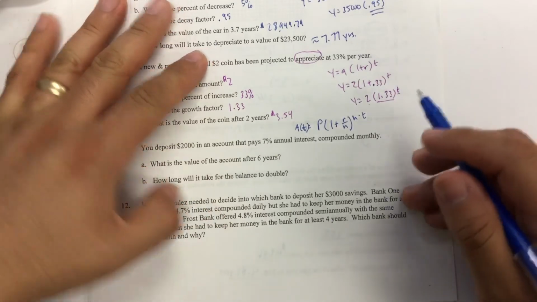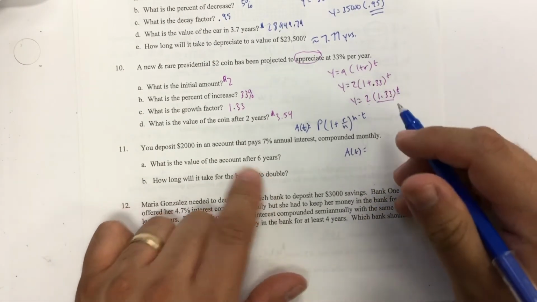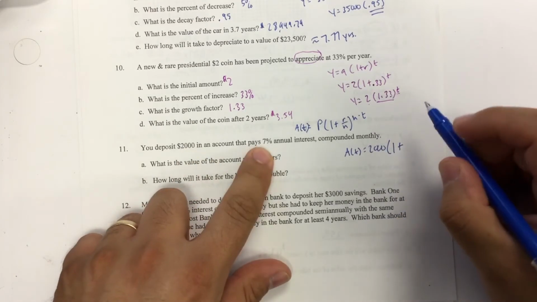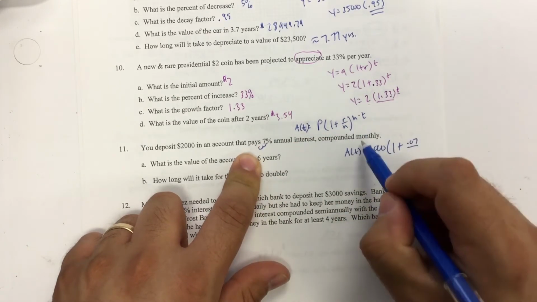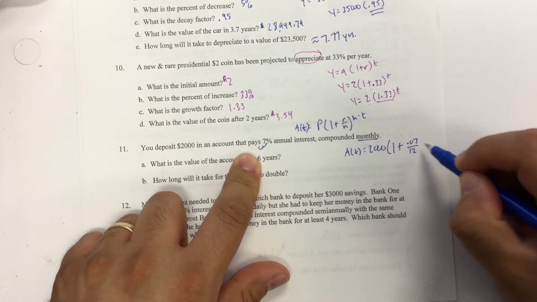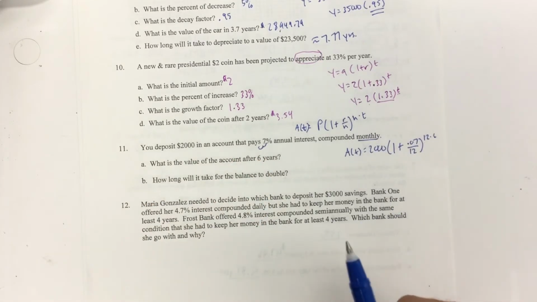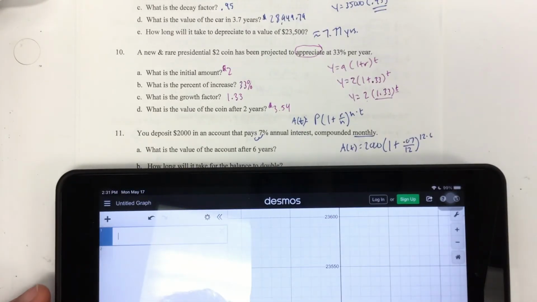Okay, so for the first one, A of t equals, so the principal is 2,000, the initial amount, 1 plus the rate is 7, but we have to move it 2 to the left, becomes 0.07. It was compounded monthly. There's 12 months in a year, and then 12 times the number of years, which is 6. So we just take this and we plug it directly into Desmos the way we see it, whether using the scientific calculator or the graph, the answer should still come out either way.